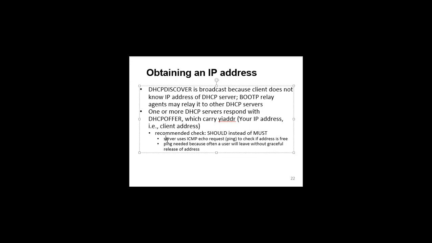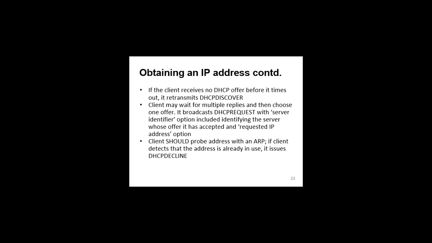You should make sure that the server uses an ICMP echo request to check if the address is free or not. It might be possible that the server is also providing the same IP address to any other client, so you can cross-check that as well, but it is not necessary. It is just to take a precaution before any bad thing happens.